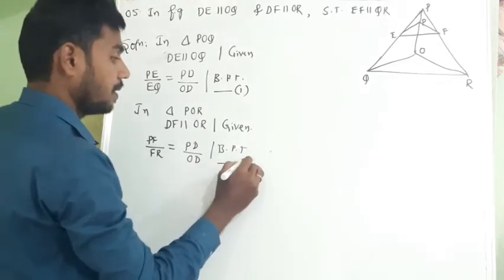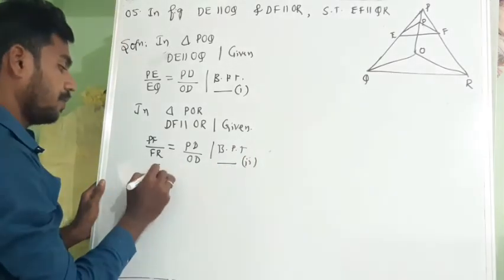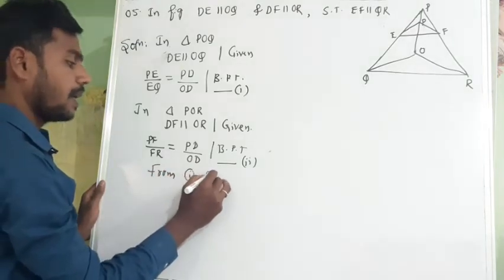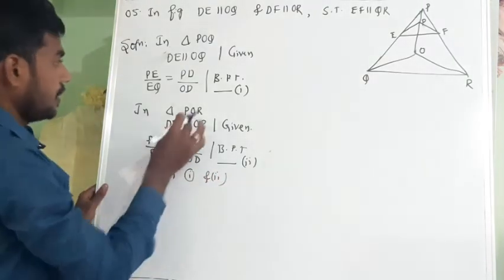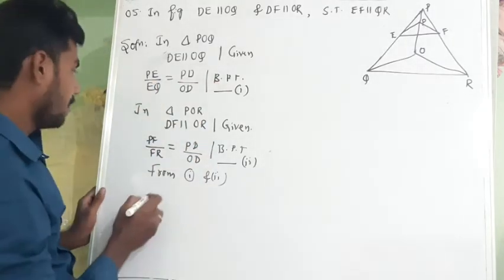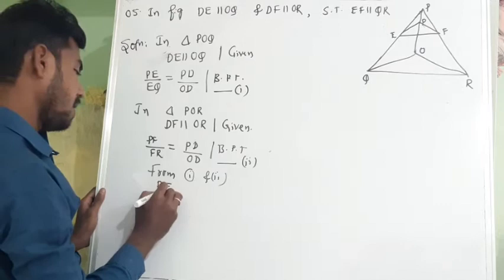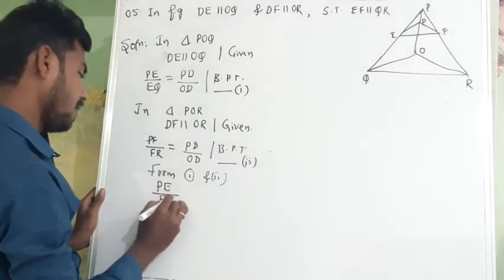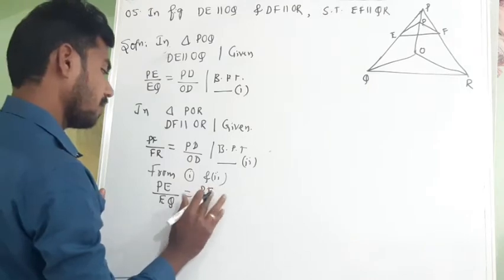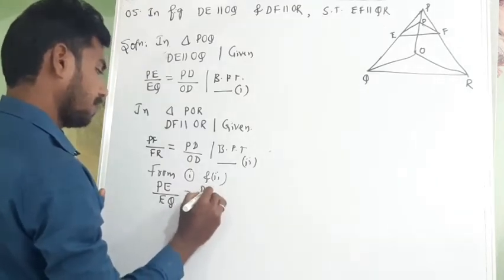I'll call it equation number 2. From 1 and 2, what can I write? Since the RHS is equal, the LHS will obviously be equal. PE divided by EQ is equal to PF divided by FR.